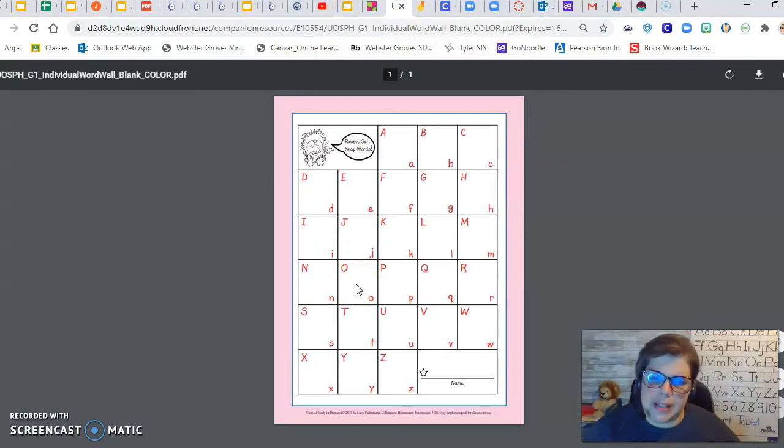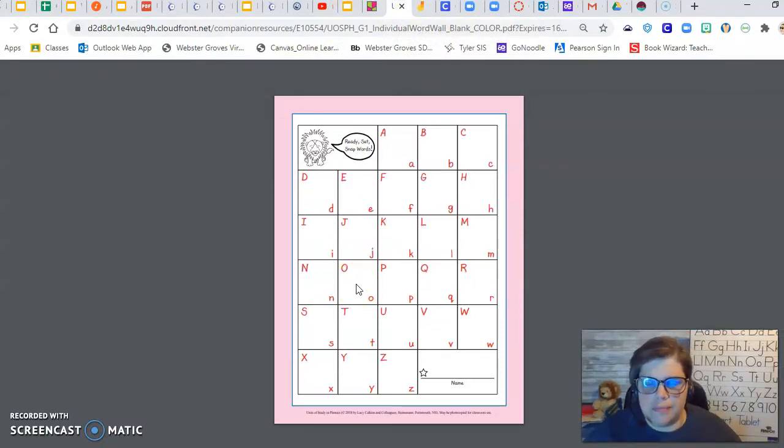Can it help us spell other words? What if I put a B in front of it? Bit? Is that a word? Yeah, so I could write bit right here because it helped me to spell it. B-I-T. It is a power word.